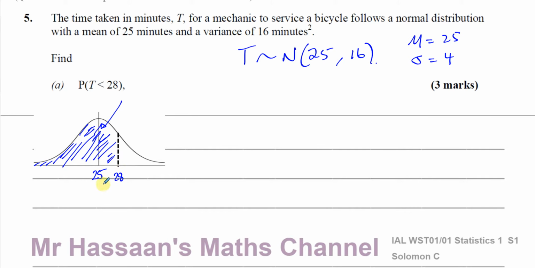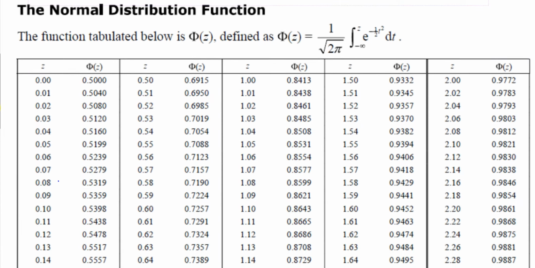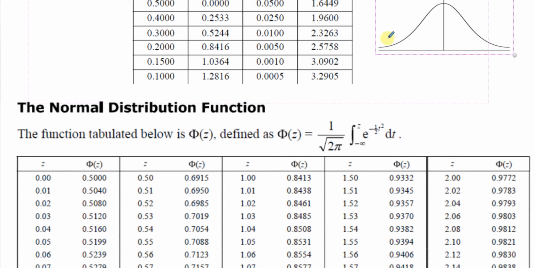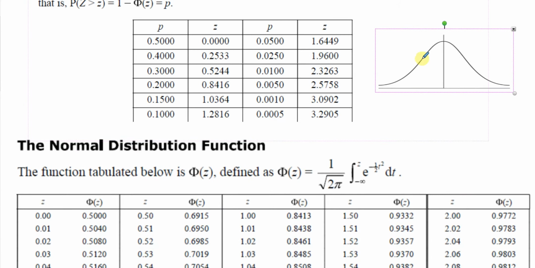We do that in order to use the tables on the other side here, this normal distribution function table. The z value here represents the number of standard deviations something is away from the mean, and the phi z part tells you the area to the left of that particular point.